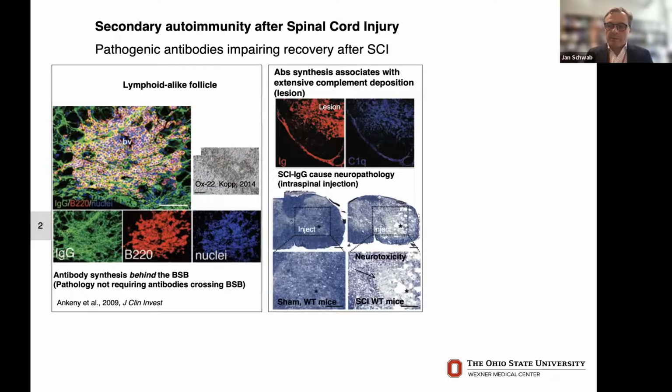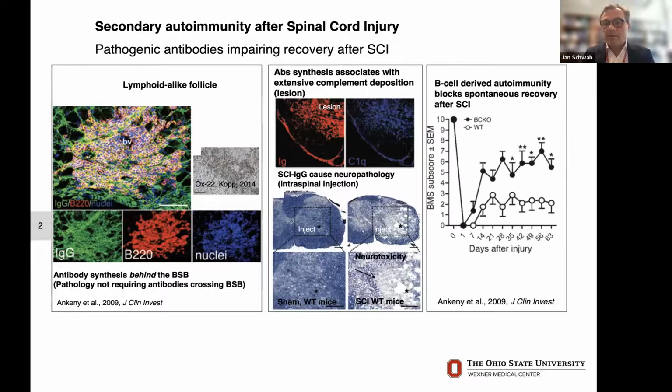And if you take the serum from those wild-type animals with spinal cord injury and inject that into naive mice, you can see this profound neurotoxicity being developed. However, if you take serum from just sham animals, there is no toxicity developed. This is even further extended with a loss of function experiment where B-cell deficient mice have been included.